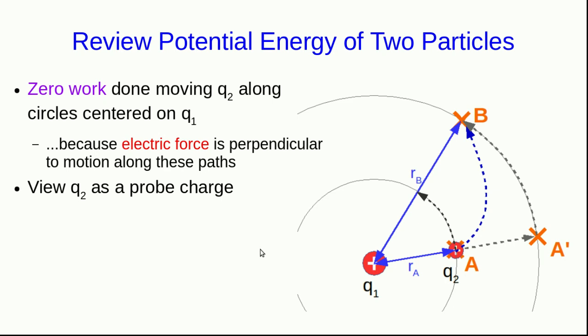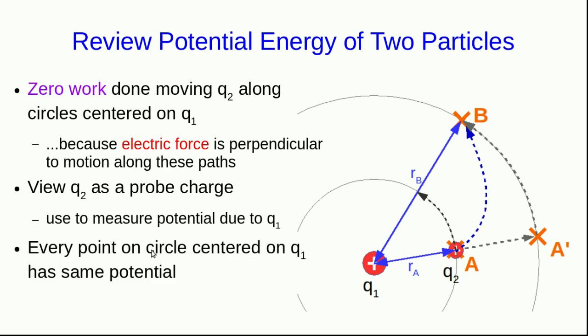So let's view Q2 as a probe charge. We're going to use it to think about the potential in this region around Q1. We note that because zero work is done on it as it moves along this curve, that means equivalently in the system including both Q1 and Q2, the electric potential energy does not change as we move Q2 along this circle.